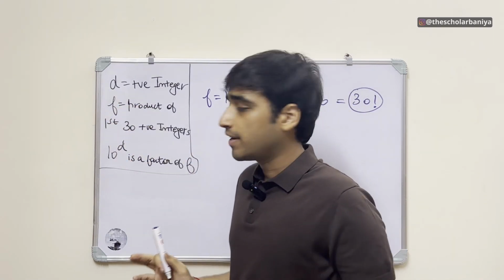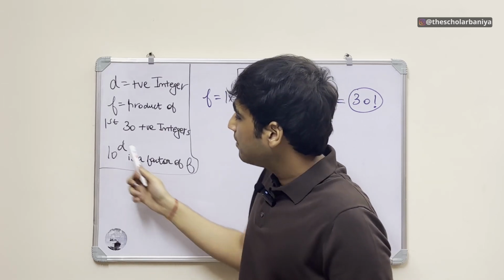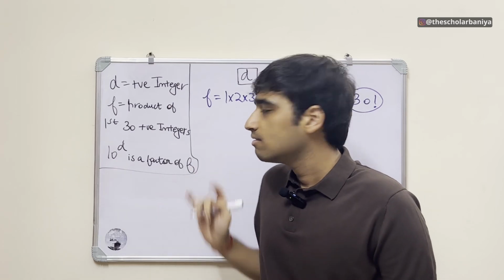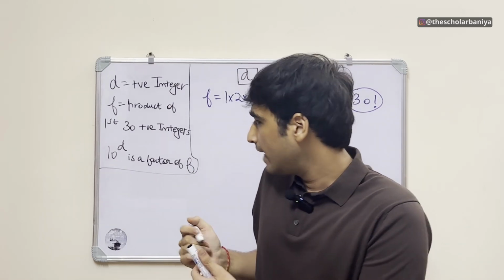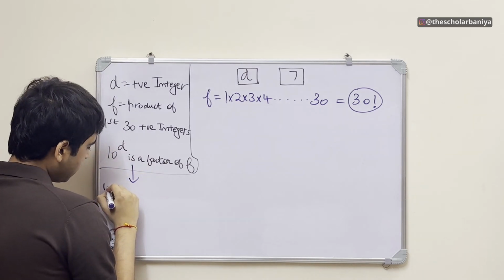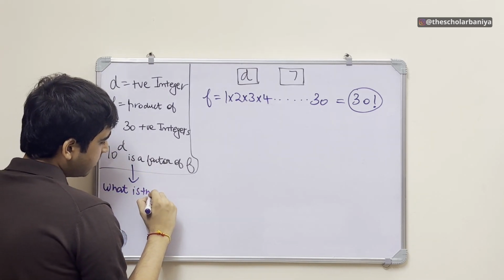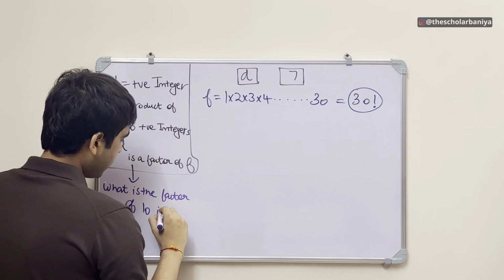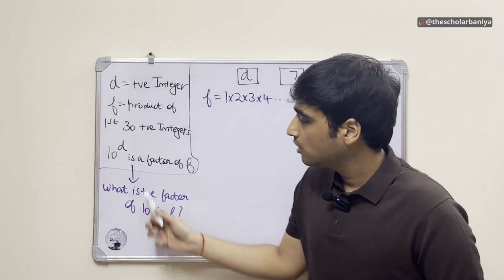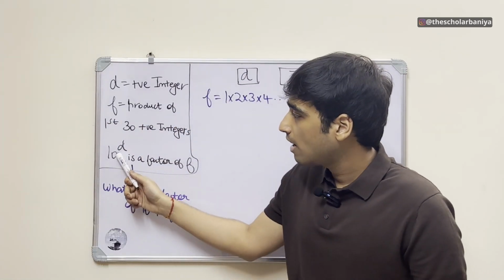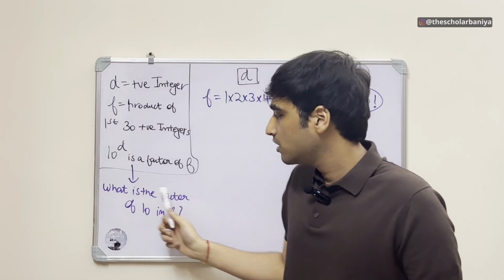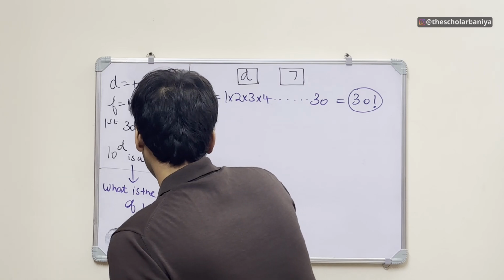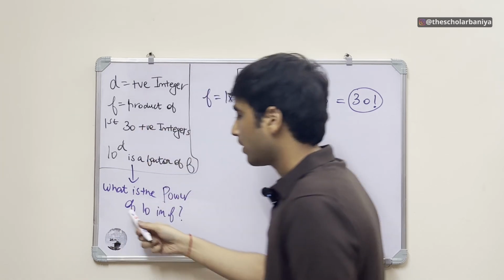D is a positive integer, that's fine. And 10 to the power D is a factor of F, right? That means what is the power of 10 in F? If we were to write this, we can also say, what is the factor of 10 in F. So these two things mean the same thing: 10 to the power D is a factor of F, or you can say, what is the power of 10 in F?